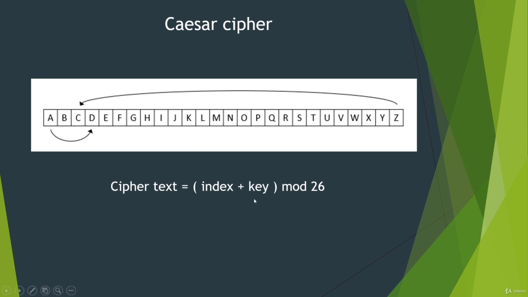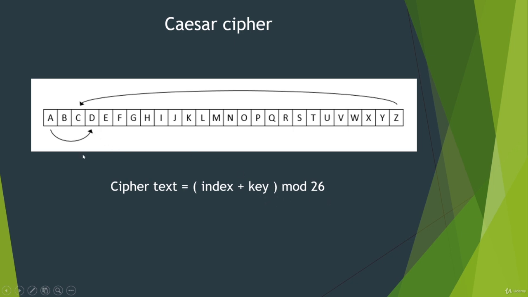So index plus key gives you some value, and then you take the modular division by 26. Because if the index is 20 and the key is 10, it will go outside of this table, right? The limit is 25 and we get 30 on addition. That's why we modular divide by 26, such that we only consider the remainder of this division.